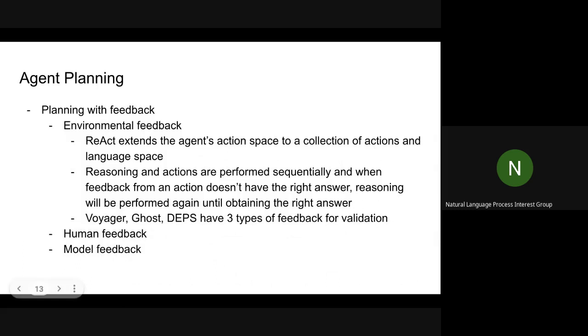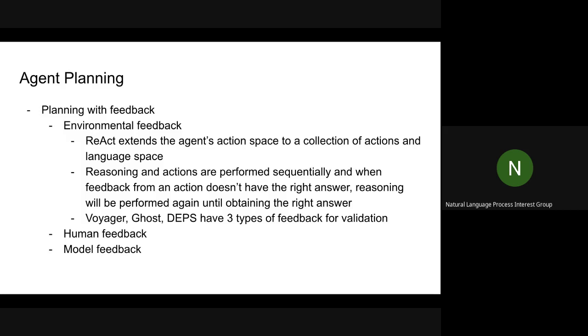And then you have with feedback, right? With feedback, there's environmental feedback, human feedback, and model feedback. So ReAct has feedback in it. ReAct extends the agent's action space to a collection of actions and language space. And this is why the reasoning and actions are performed sequentially.